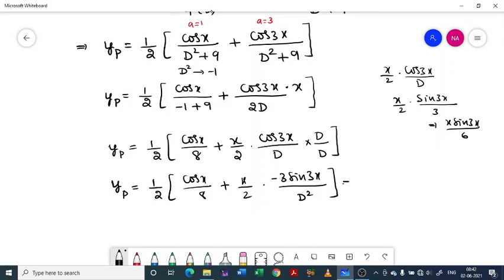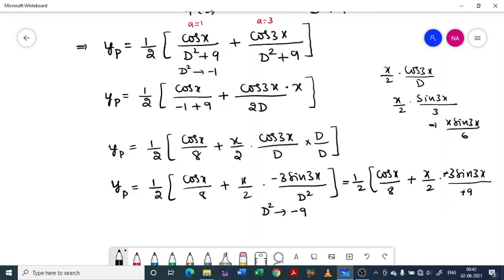So this is actually 1 by 2 into cos x by 8 plus x by 2 into, see, you have to replace d square by minus 9, minus 3 sin 3x divided by minus 9.